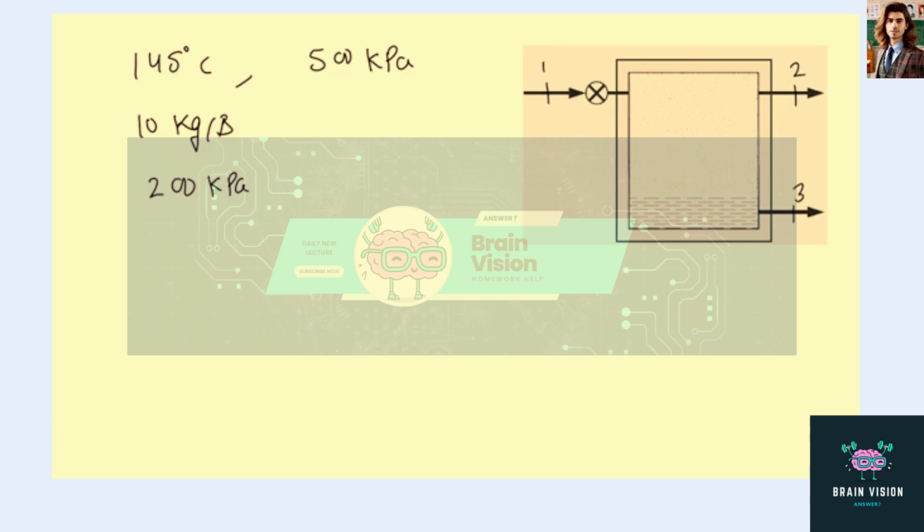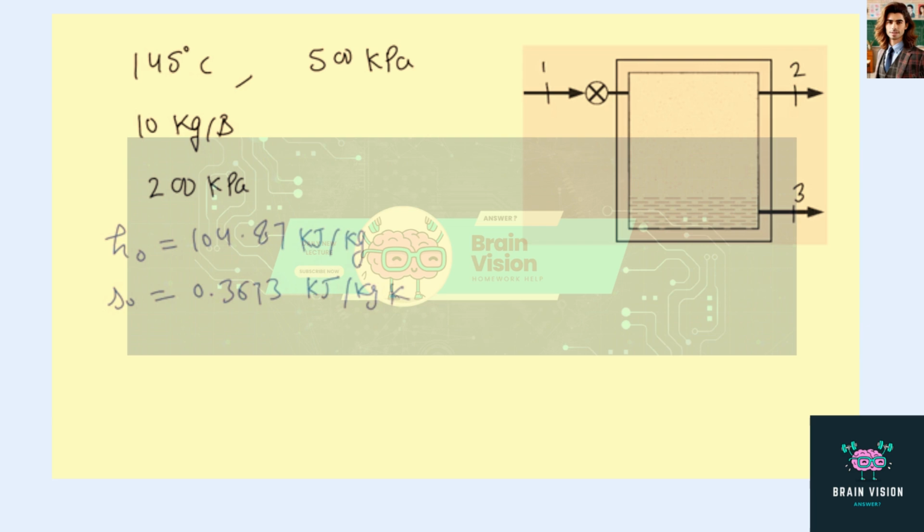Now refer the steam table and let's write the properties corresponding to ambient conditions. So we have H naught is equals to 104.87 kilojoule per kilogram. S naught is equals to 0.3673 kilojoule per kilogram Kelvin.